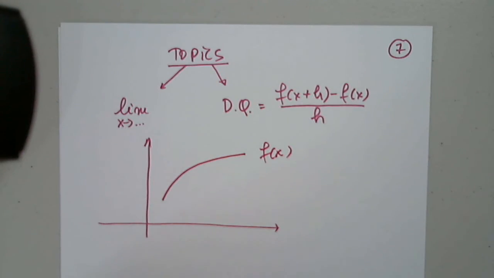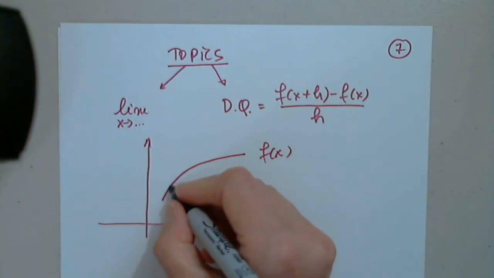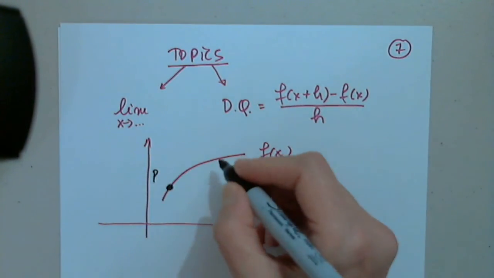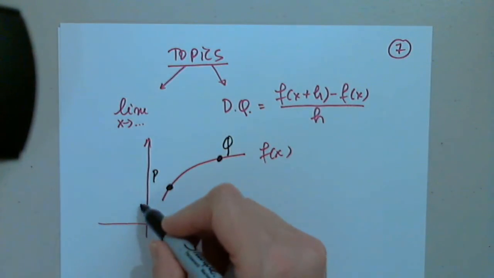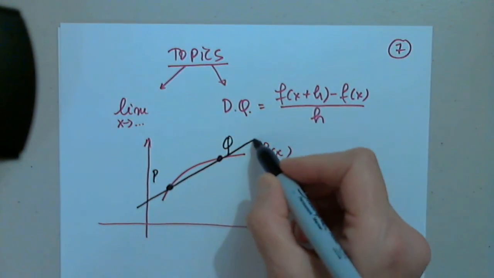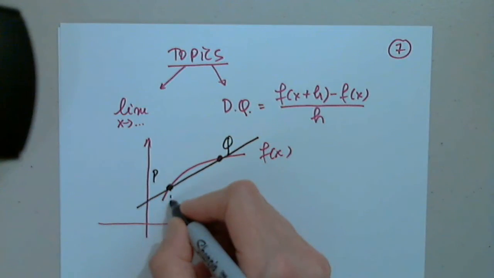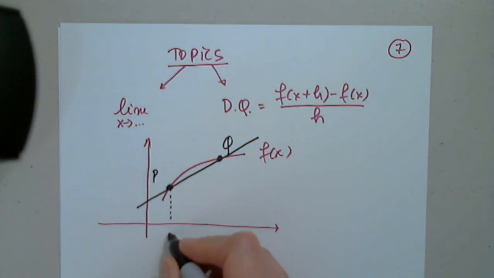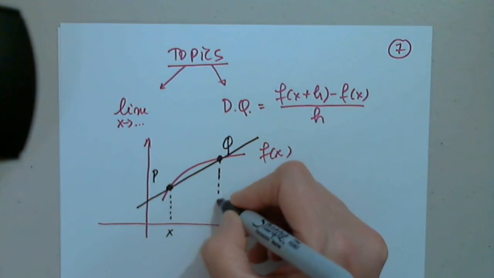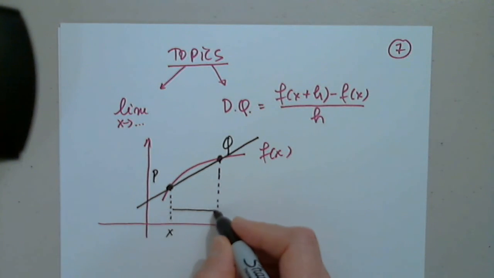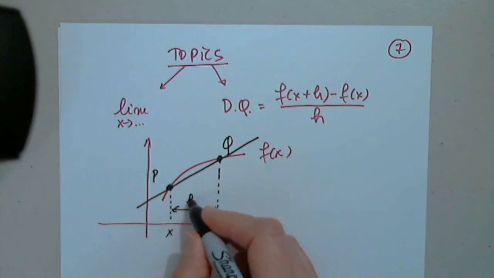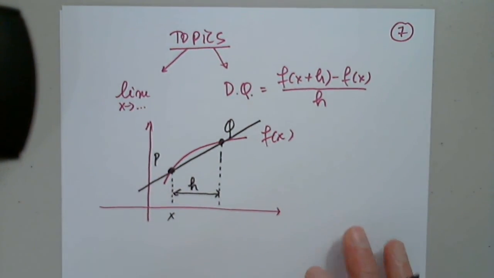We have 2 points. We have point P, and we have point Q. Yes, we know how to determine the slope of this line. This is the x. This is tiny. But I have to zoom in. I cannot explain if I don't zoom in.